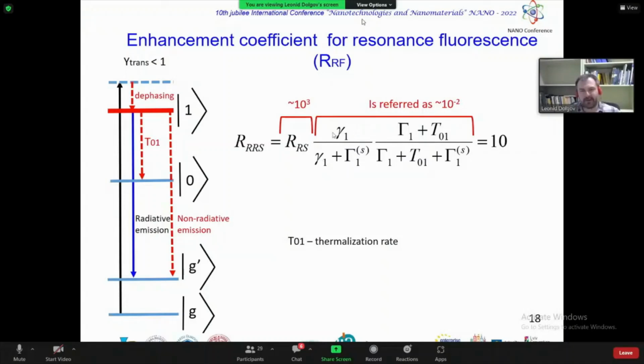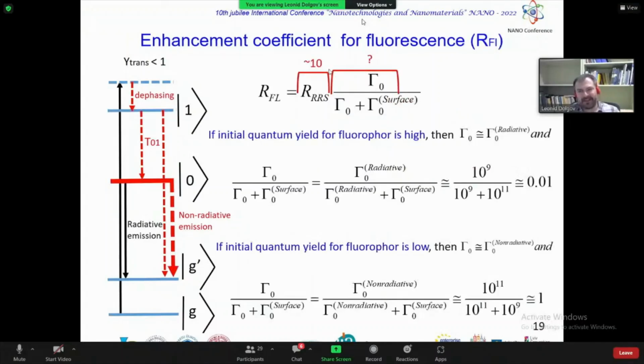So the product of non-radiative factors is like 10 to the power minus 2. The real enhancement coefficient left for fluorescence can be 1 order, like 10 times. And even this number cannot be used in the general case completely, because it depends on the initial quantum yield of the fluorophore.